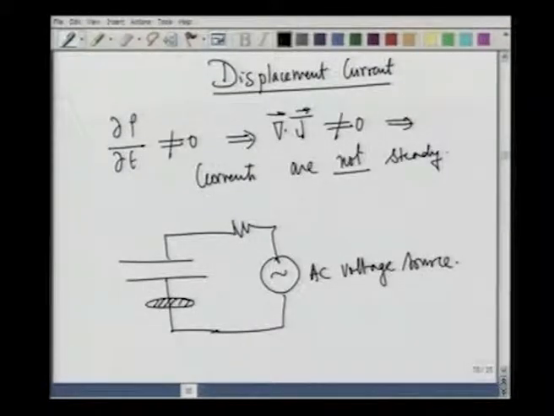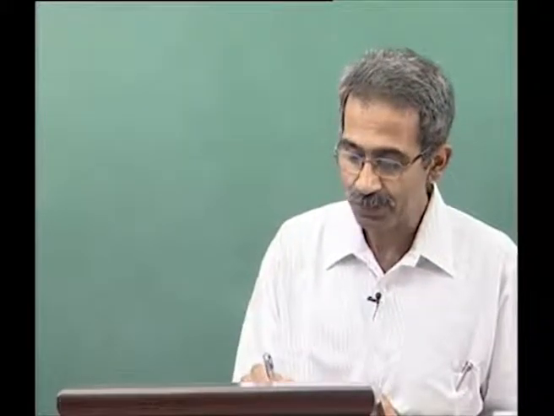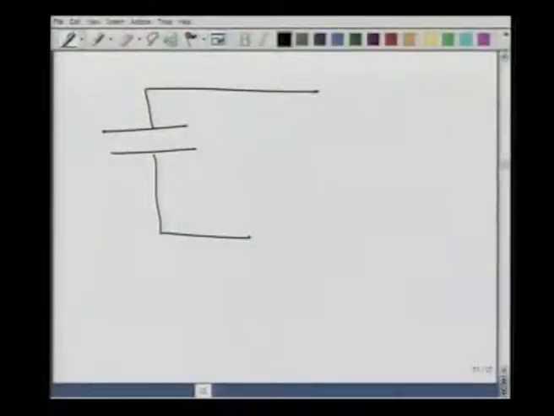But on the other hand, I can also consider a slightly different situation. Let me draw that again. I can look at a surface which is like this, which is open here.